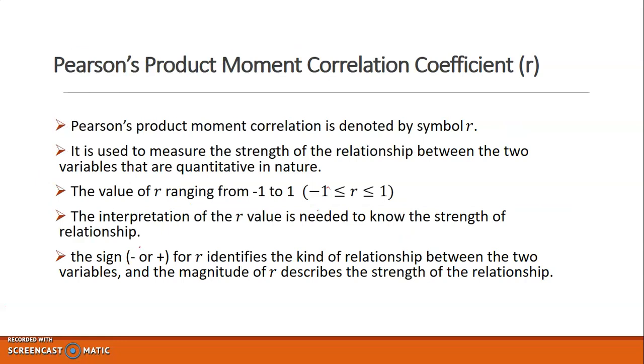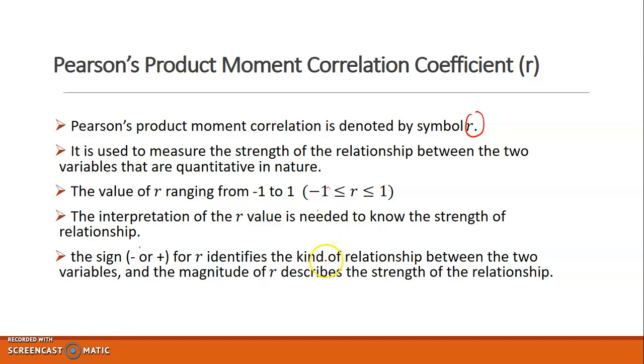The correlation coefficient using Pearson's product moment is denoted by the symbol R. So R here is the correlation coefficient using Pearson's product moment formula, and it is used to measure the strength of the relationship between two variables that are quantitative in nature.